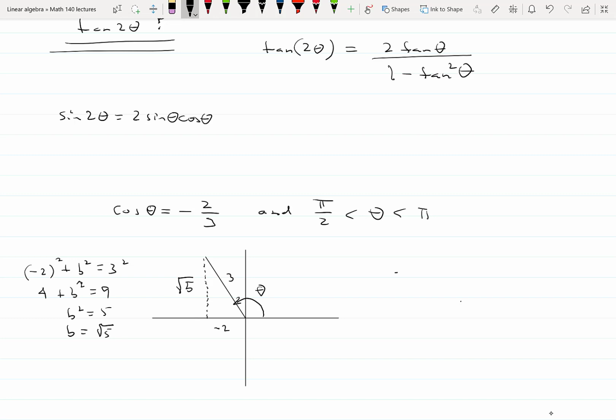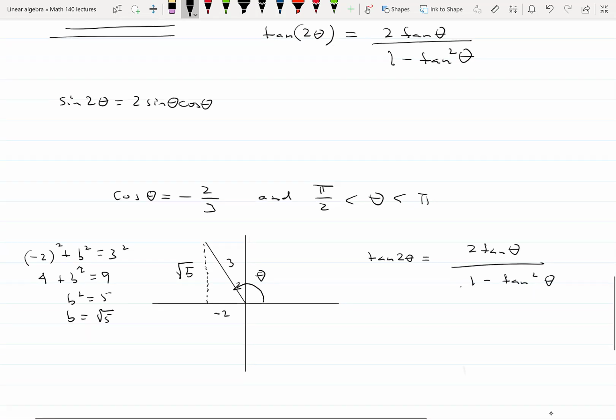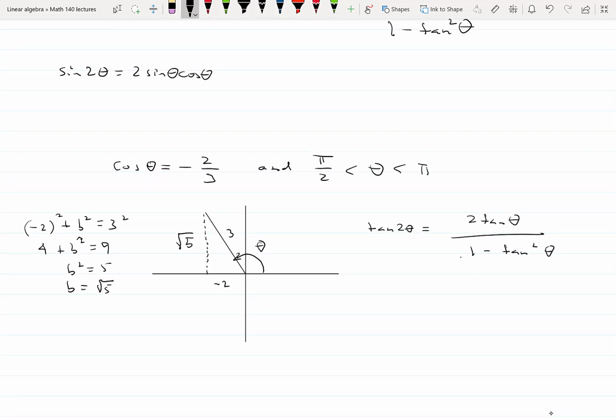Okay, so the tangent of 2 theta equals, a stray mark makes it look like tangent of minus theta. I'll have to get rid of that stray mark. Okay, tangent of 2 theta equals 2 tangent theta over 1 minus tangent squared theta. So let's put in the information.